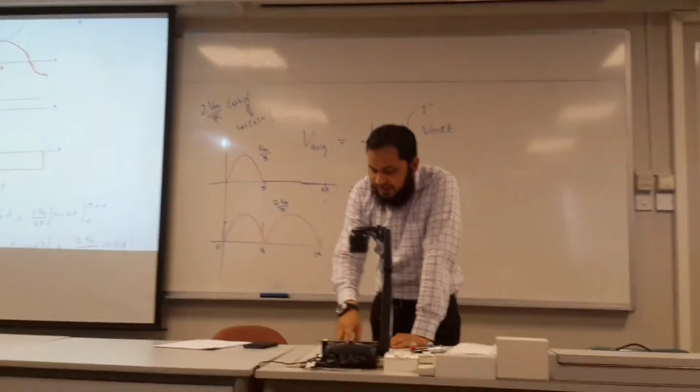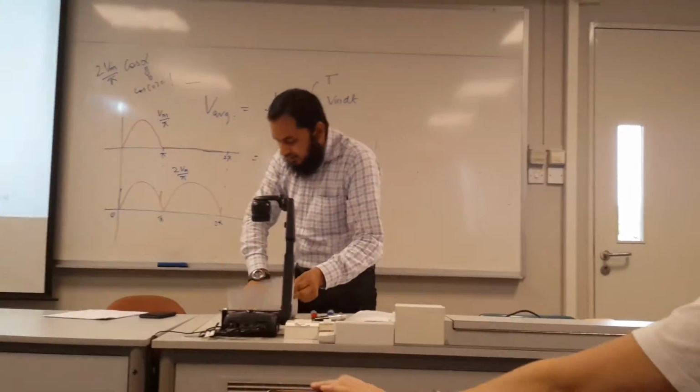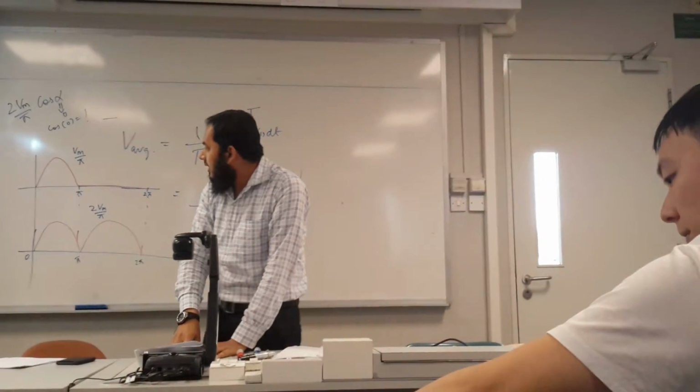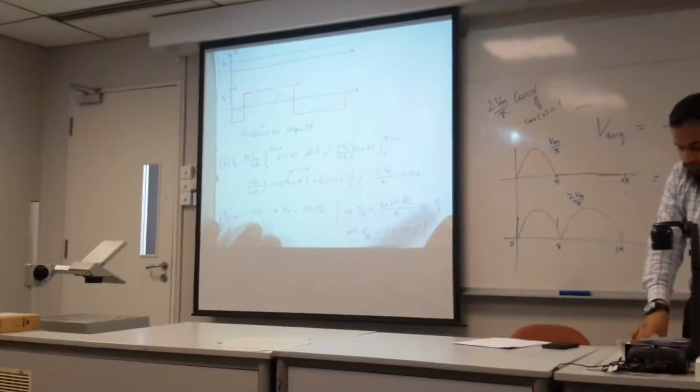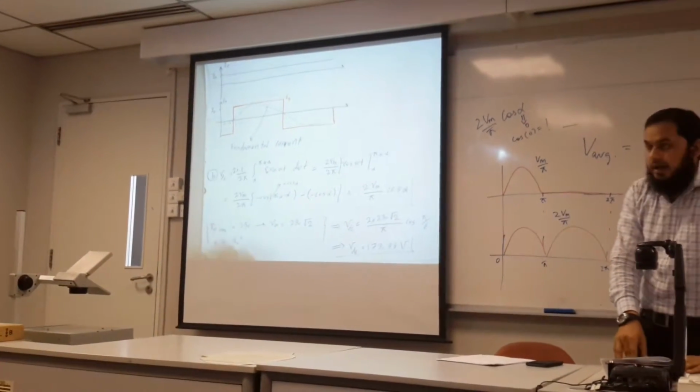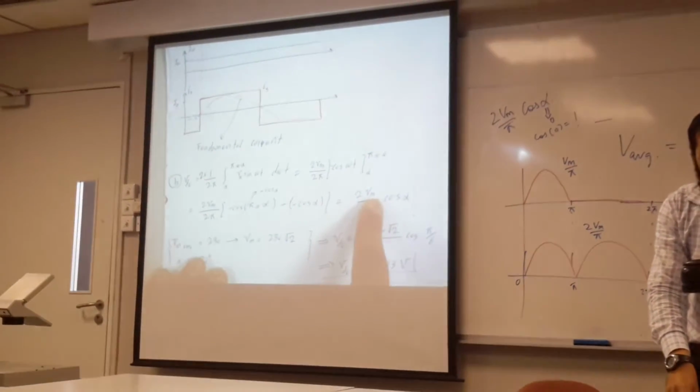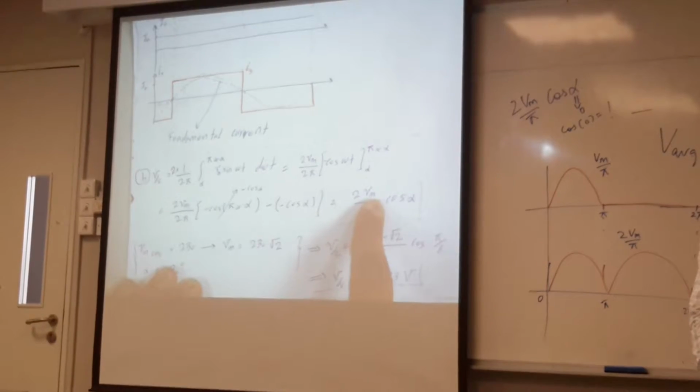So we know VDC is equal to 2Vm by pi cos alpha, and then we need to know what Vm is.